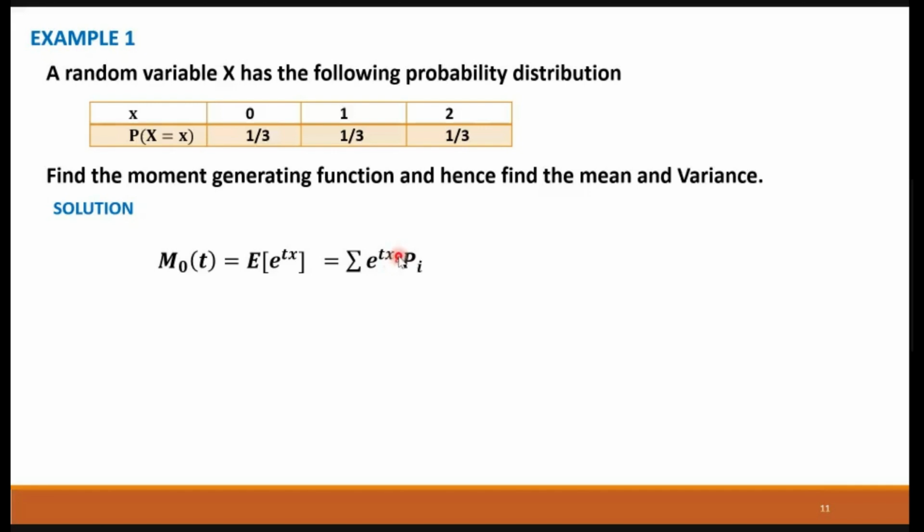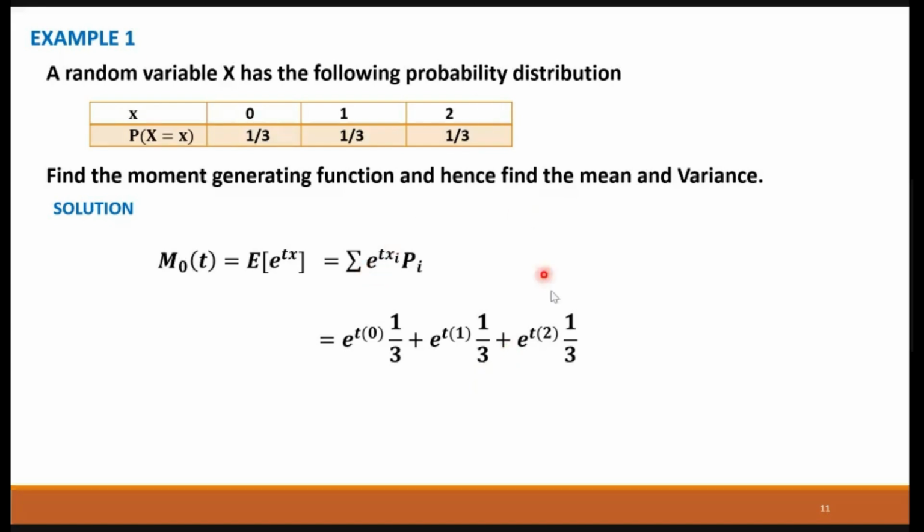Instead of x, give the values as 0, 1, 2, and instead of the probabilities, take 1/3, 1/3, 1/3. So in the next step, when x takes 0, we put 0 instead of x. When x takes the value 0, the corresponding probability is 1/3, plus, when x takes the value 1, e raised to t into the corresponding probability, that's 1/3.